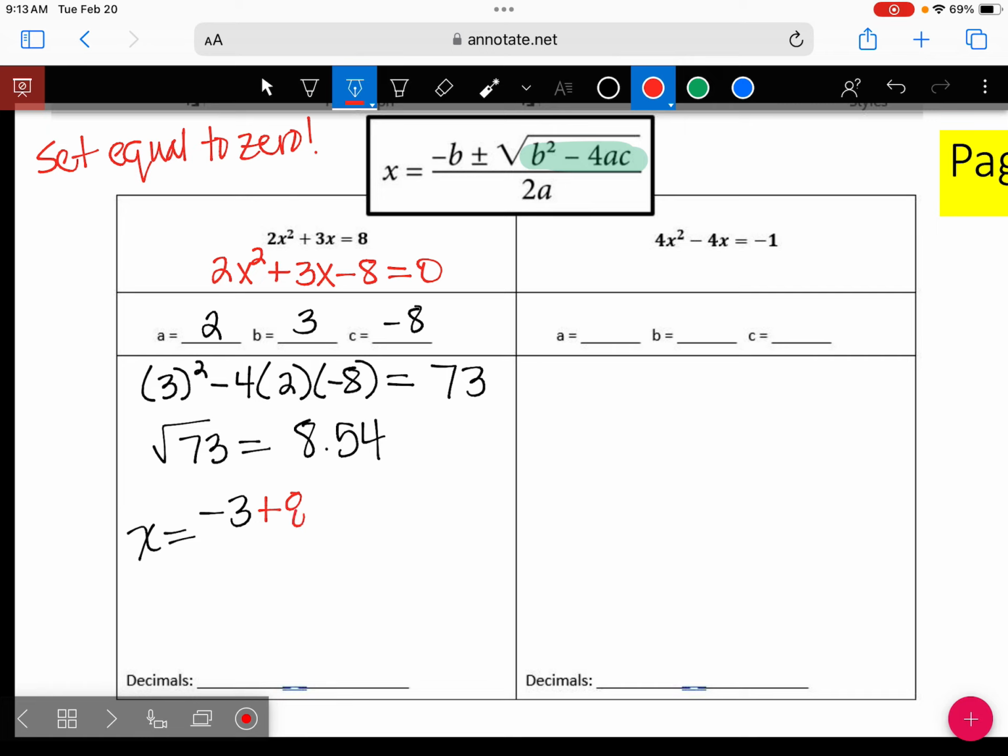plus 8.54 divided by 2 times 2. Go ahead, type that in your calculator, just like that. So you're going to hit the fraction button, negative 3.